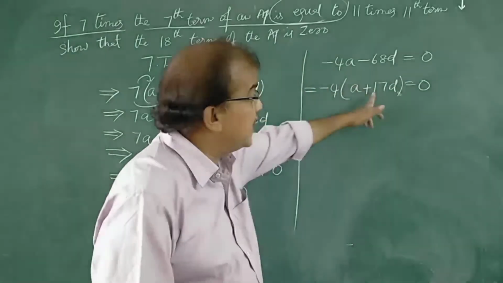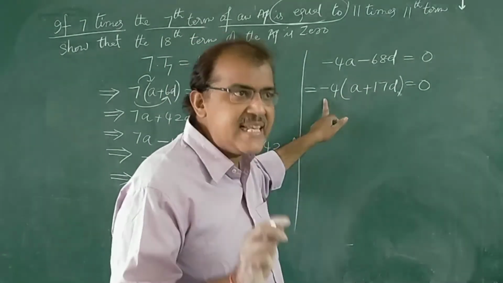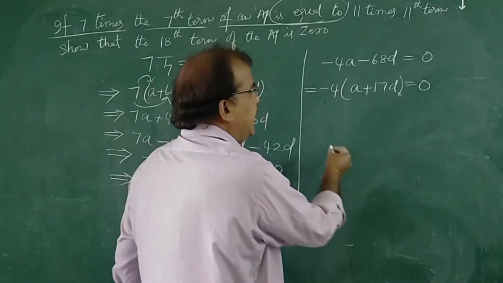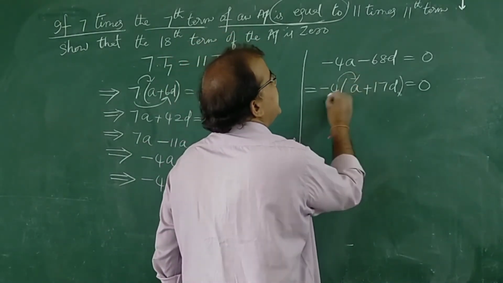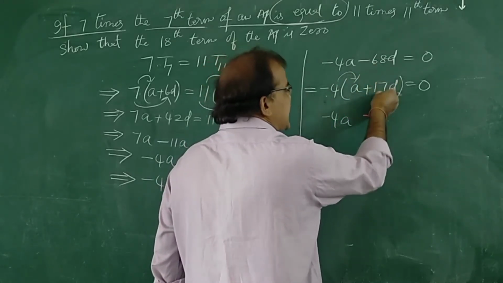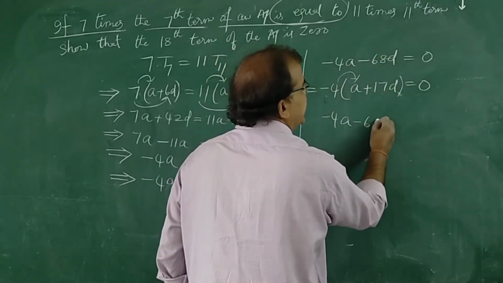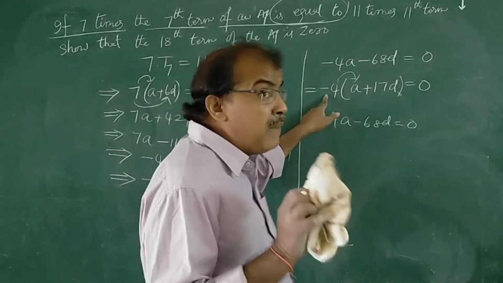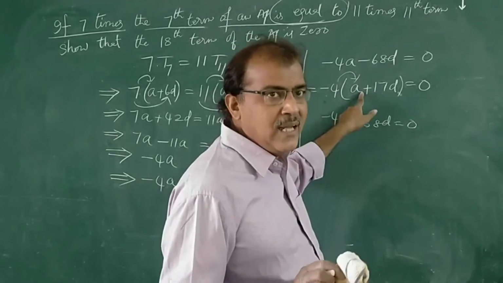How did we get it? I have taken minus as common. If you want to verify, minus 4 into A is minus 4A, and minus 4 into plus 17D is minus 68D, equal to 0. So I have taken minus as common, and that is why I got plus.